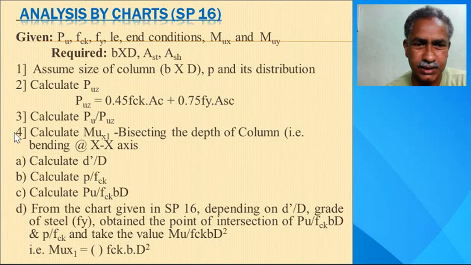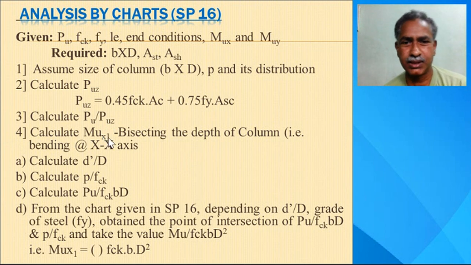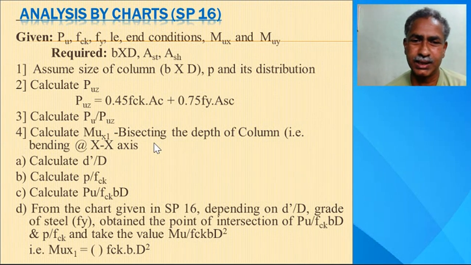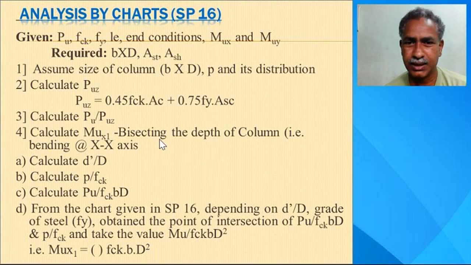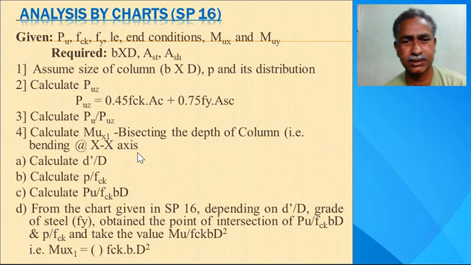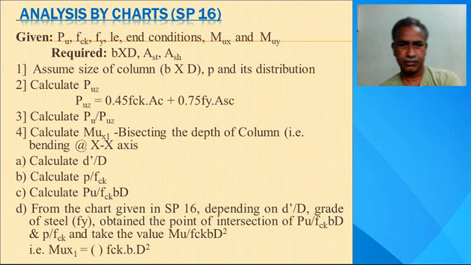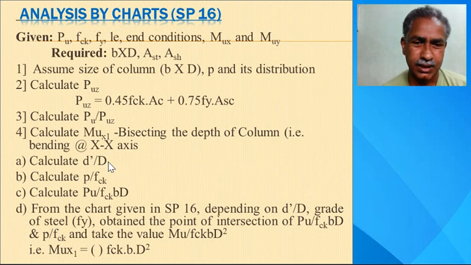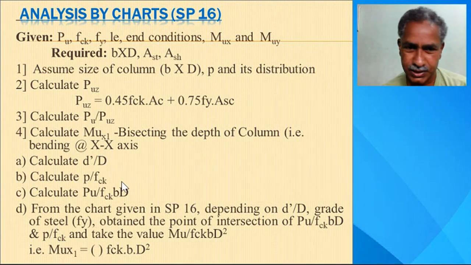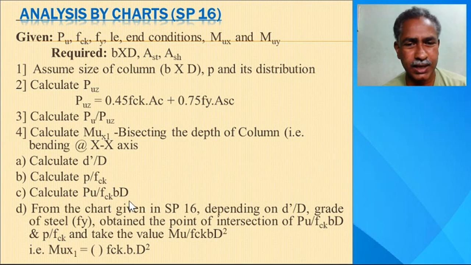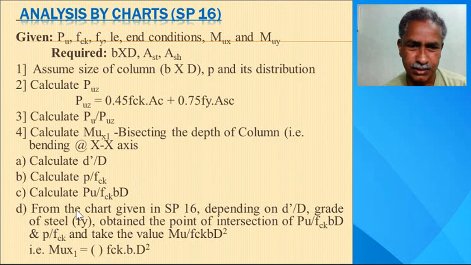Then step number 4, calculate MUX1. MUX1 is the moment when we consider Pu is 0 and MUY is 0. Using the interaction diagram, bisecting the depth of the column, that is bending about the x axis, we calculate the effective cover divided by D ratio, the percentage of steel divided by FCK, and Pu by FCK BD, and from this we find Mu by FCK BD.